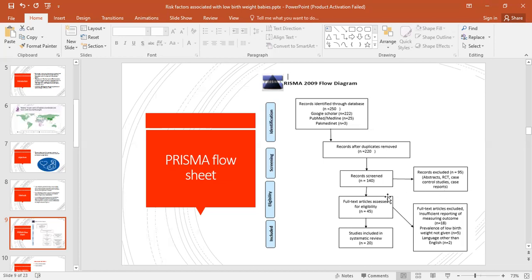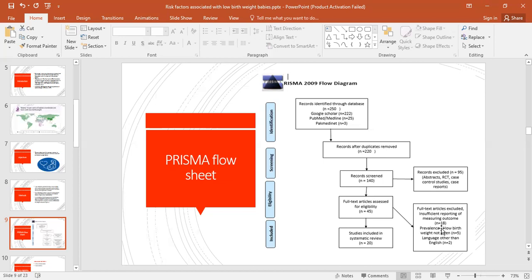And then we retrieved only 45 articles, which are full text articles that are assessed for eligibility. And from these 45, again, we excluded 25 studies on the basis of insufficient reporting of measuring outcomes.